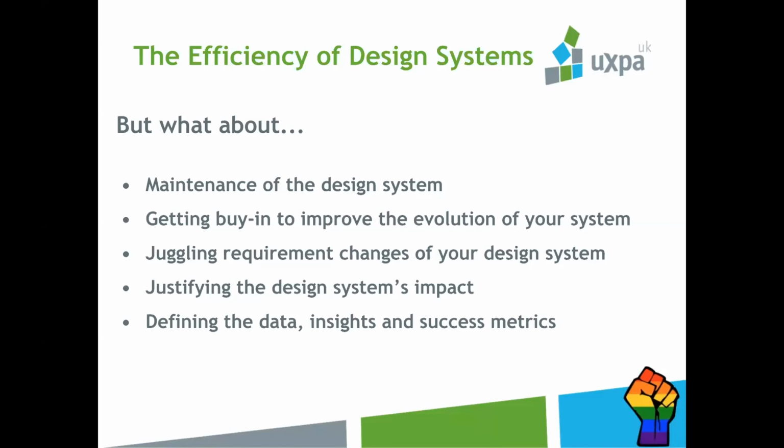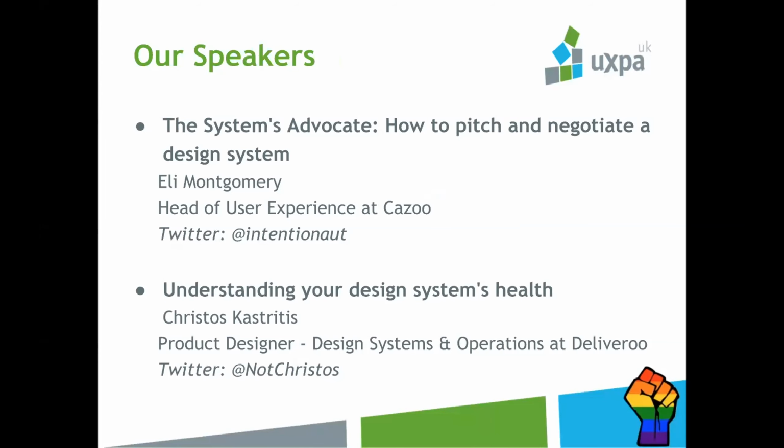So that brings me to our two amazing speakers who will both bring an individual way of looking at their design systems. First up is Eli Montgomery, who's the head of UX at Kazoo.